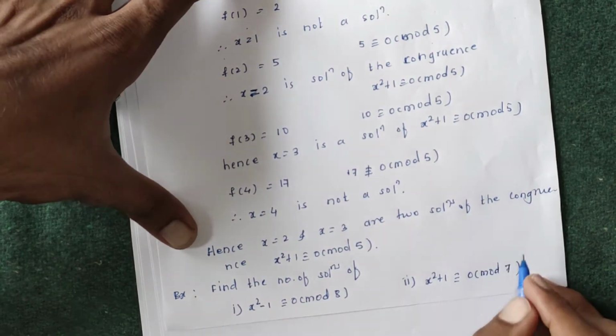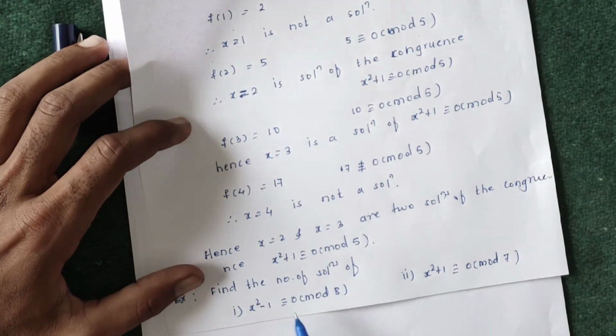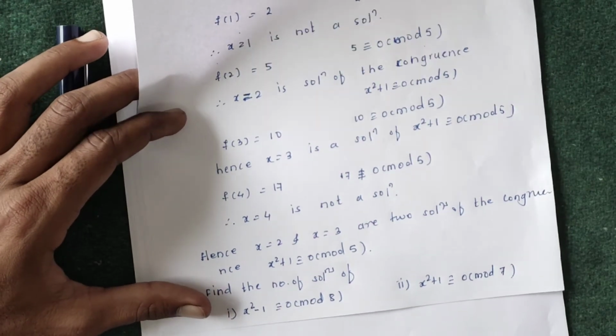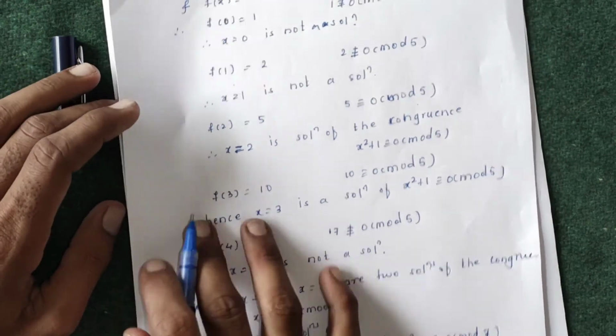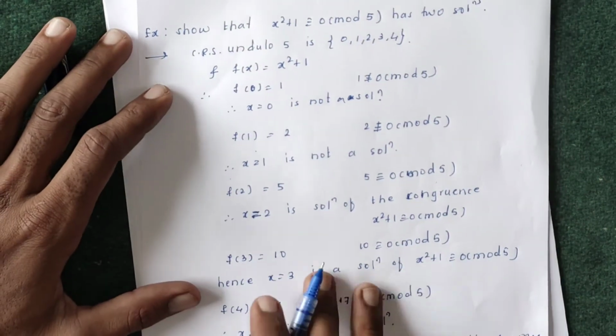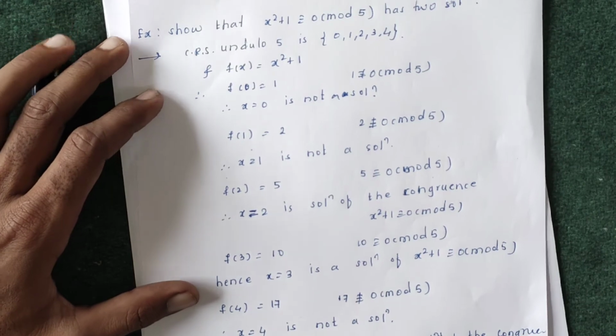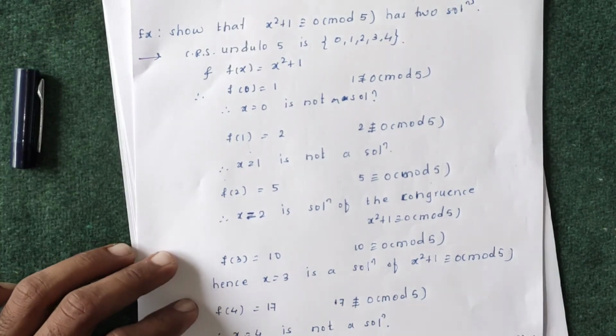In similar manner, first of all find the CRS under modulo 8 and check for each and every residue. In the second one, first of all find the CRS under modulo 7 and check for each number; the numbers which satisfy this congruence are said to be the solutions of that congruence.